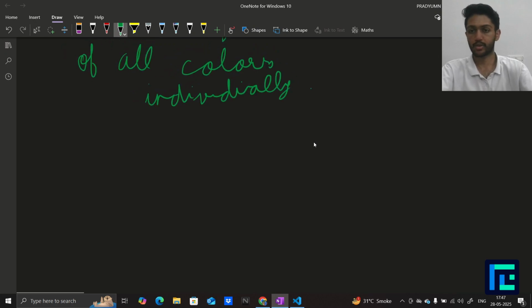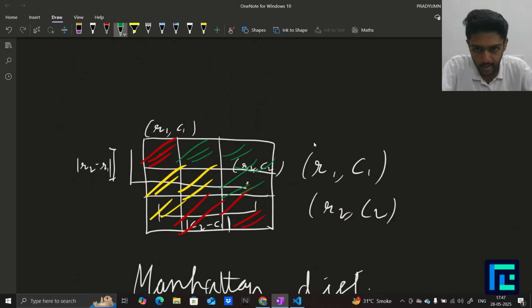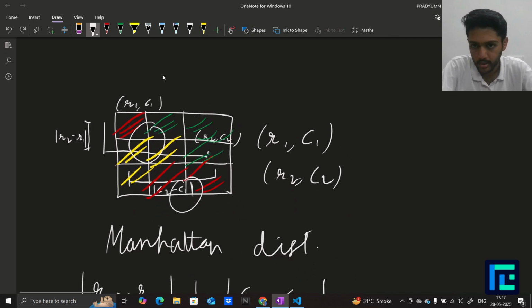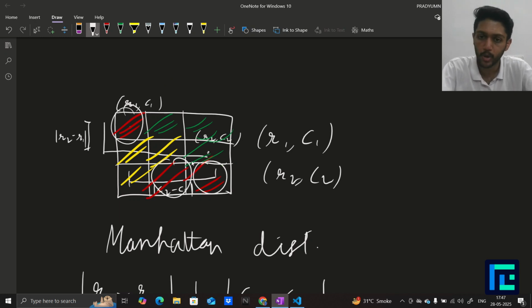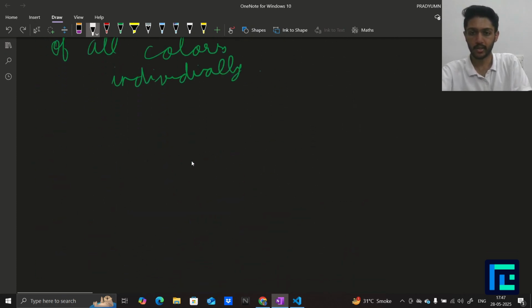Okay. So let's say you have 3 cells marked red, right? So you have this red cell, and this red cell, and you have these 3 red cells, and you want to find out the sum of all pairs, right? So let's say that you have 3 cells colored red.